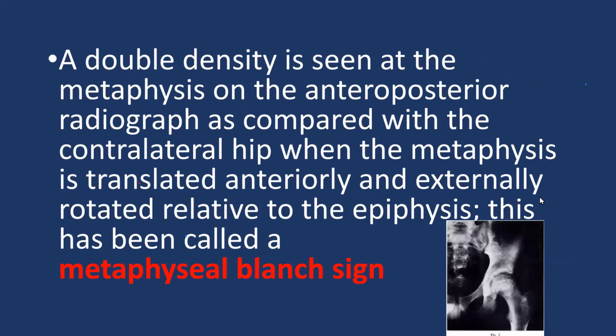So a double density is seen at the metaphysis on the anteroposterior radiograph as compared with the contralateral hip when the metaphysis is translated anteriorly and externally rotated relative to the epiphysis. This has been called the metaphyseal blanch sign.